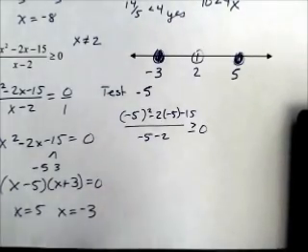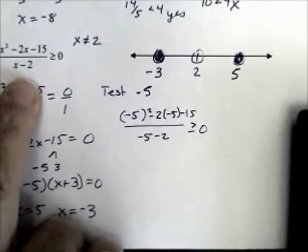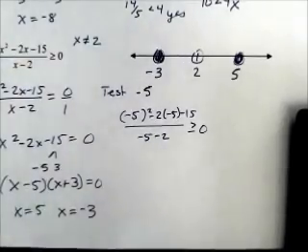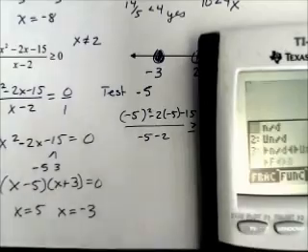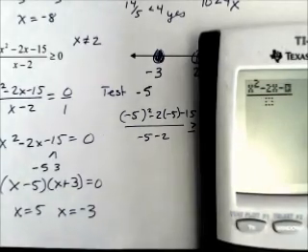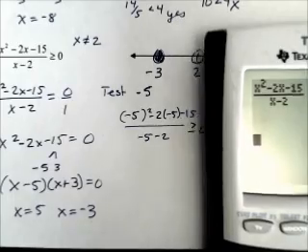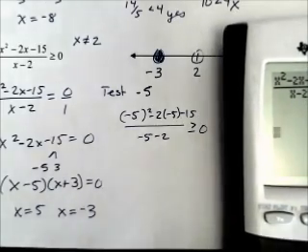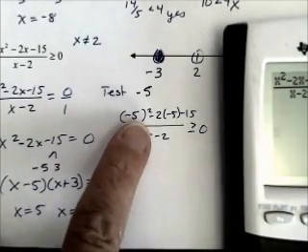Well, what we're going to do is store the fraction in the calculator. So I'm going to do alpha y equals and put in the fraction x squared minus 2x minus 15 over x minus 2. I press enter. It gives me an answer. I'm not showing you that yet, but next thing you want is the value of negative 5.